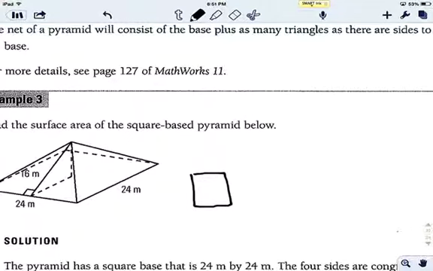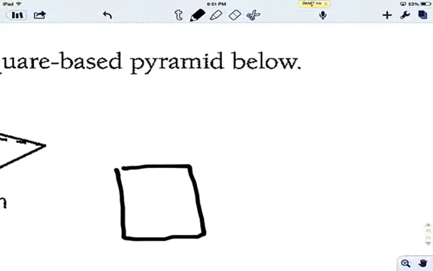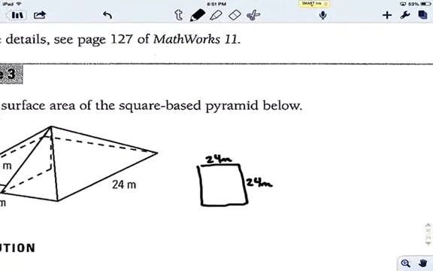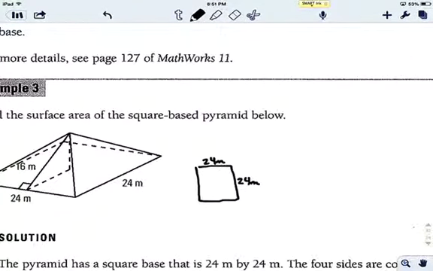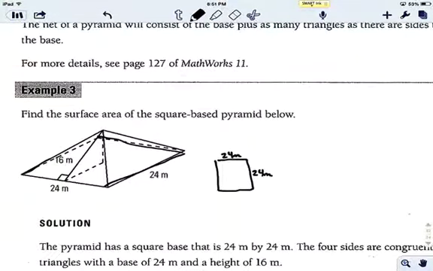Okay, and that square is going to be 24 meters by 24 meters. That's that square, the bottom piece here, which I'll outline in black. Now we're going to draw the triangles that go up to the apex. So these triangles here, that's one of them. There's another one along there.